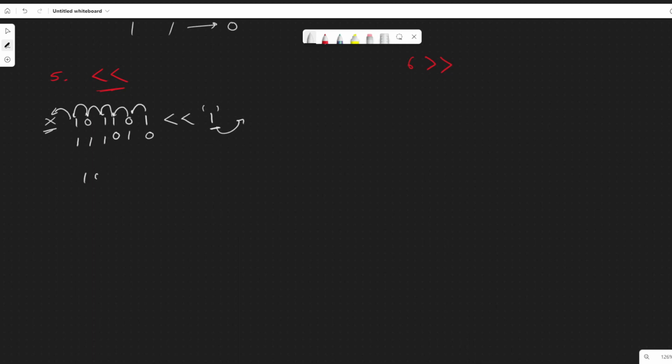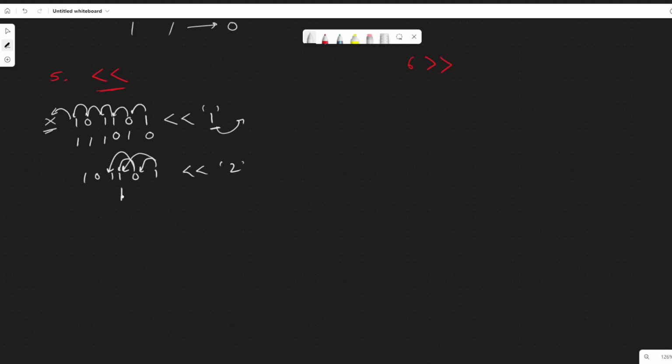If we have to left shift it by 2, then what will happen? We have to shift 2 bits. So basically 1 goes here, after that 1 goes here. We shift 2 bits, so 0 goes here, after that 0 goes here.